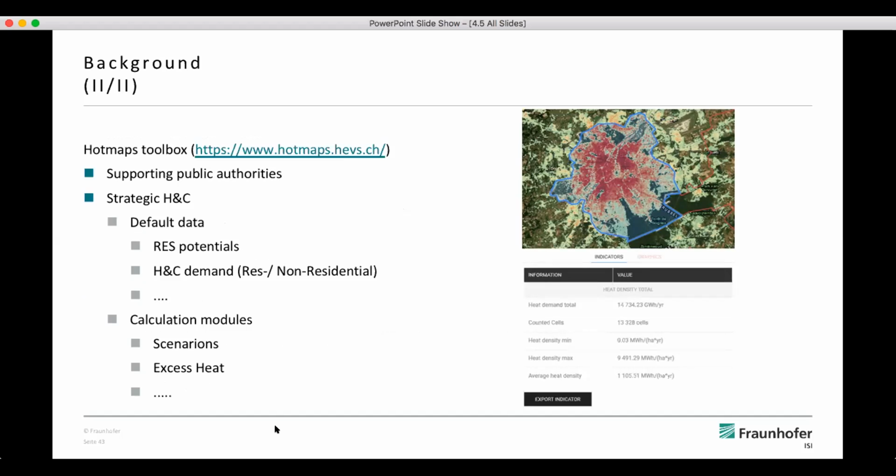Hot Maps is a web-based interactive platform where you can find basic data on the heating sector, and you can do strategic heating and cooling planning with it. And the intended user group of this platform is public authorities.